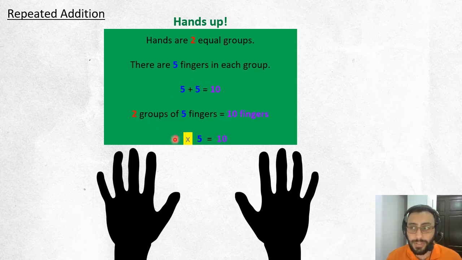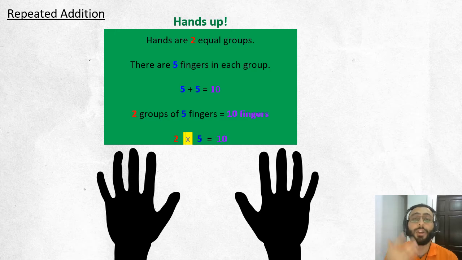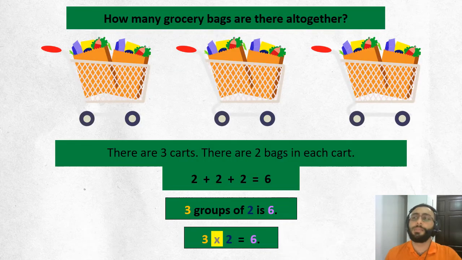We have 2 5s. 2 times 5. It means that we have 2 5s, which equals 10. This is multiplication.